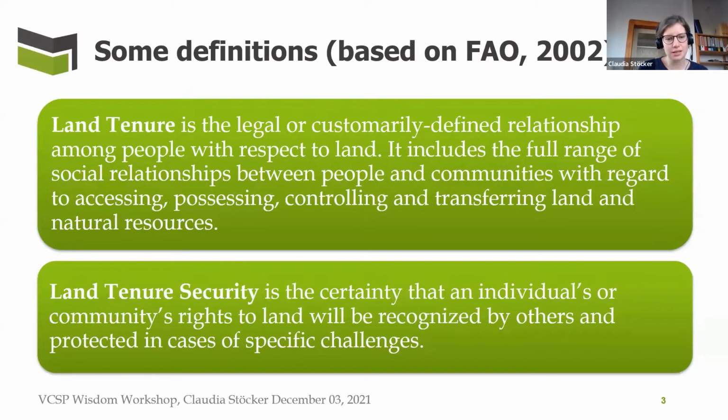On the other hand, land tenure security is the certainty that an individual's or community's right to land will be recognized by others and protected in case of specific challenges. And I think especially the last one, the protection of the land right, is of particular importance.